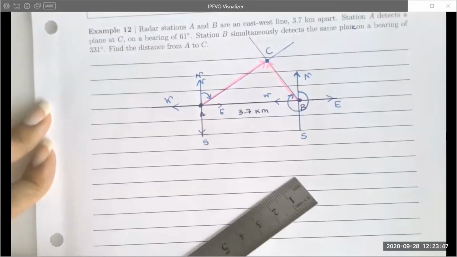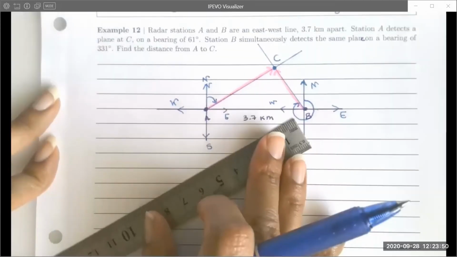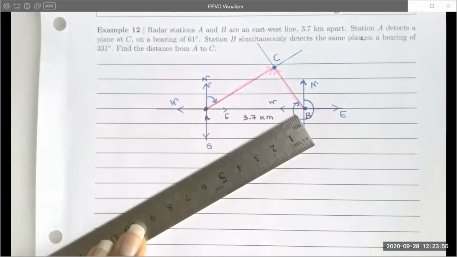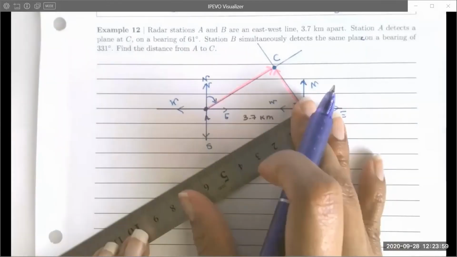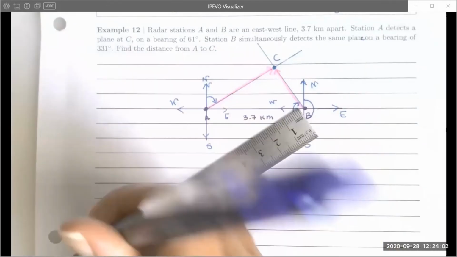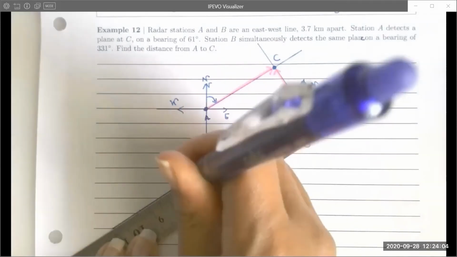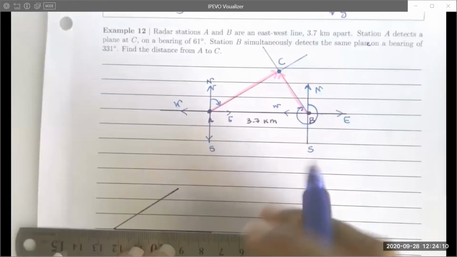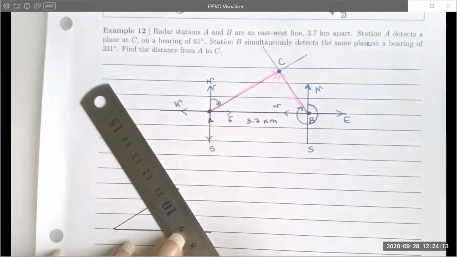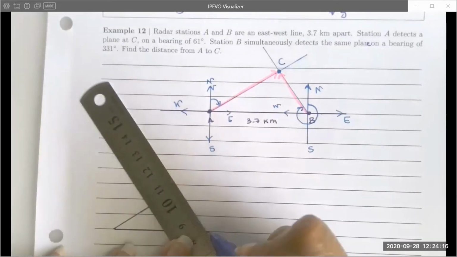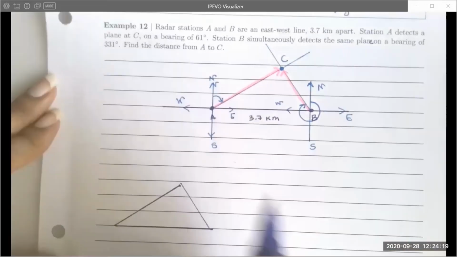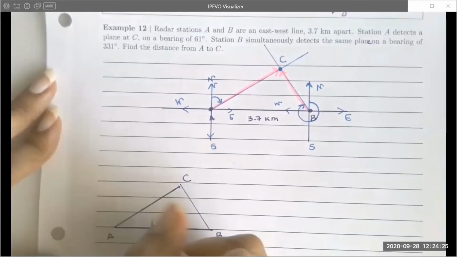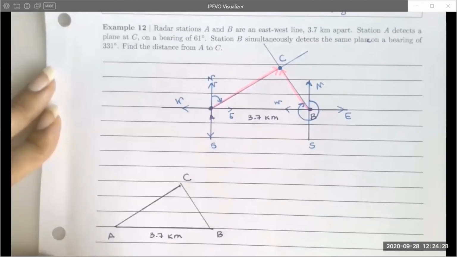I'm just going to draw the triangle by itself. This is A, B, and C now, and 3.7 kilometers between the two radar stations.